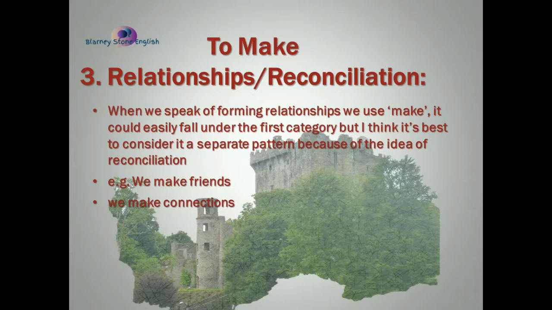But the idea is there. We make connections, and then for reconciliation, if we do something wrong, we upset our friends, or we've done something negative to somebody, we can make amends. And to repair our friendship, we can make up. And these are common threads that we'll find throughout, and very strong collocations for the verb to make.